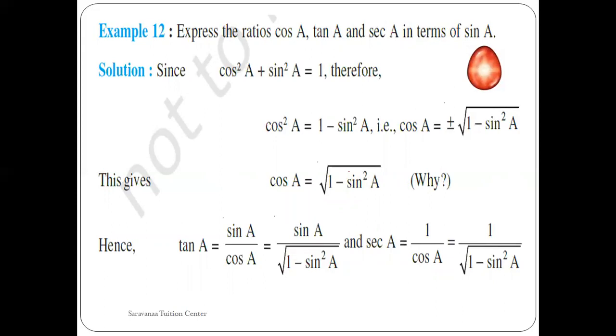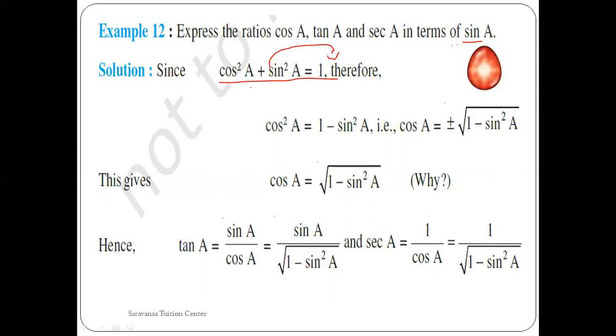Example 12. Express the ratios cos A, tan A, secant A in terms of sin A. In which of the three identities do you have sin A? Sin square A plus cos square A equals 1. So write that identity. Then take sin square A to the other side.